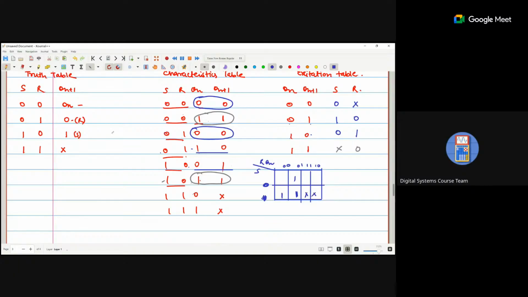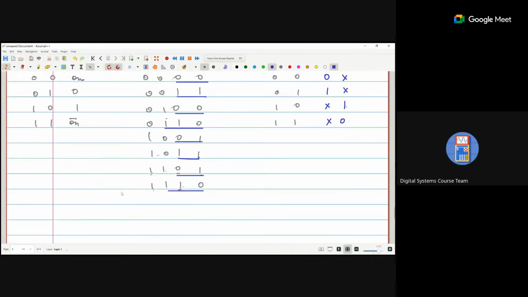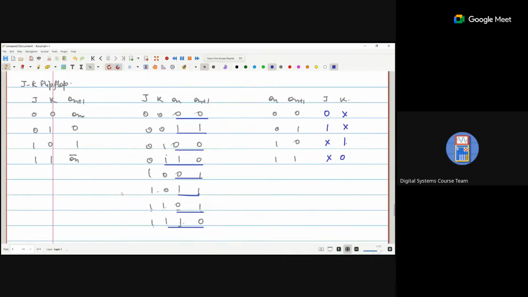Okay, so in the K map, one group is this one and one group is this. So Qn plus 1 is S plus R bar Qn. Okay, with the help of the characteristics table, we can draw the equation.